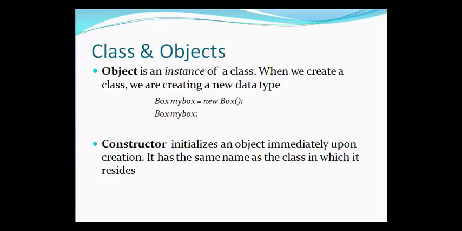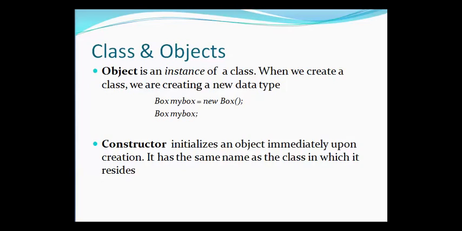In Box myBox semicolon, this declares the reference to the object and contains the value null as we are not defining it. When we use new on an object, it actually allocates memory to it. It allocates a Box object. The new operator dynamically allocates memory for an object.